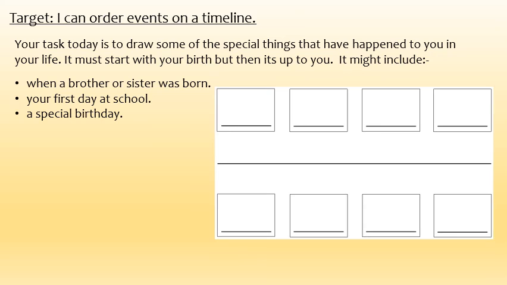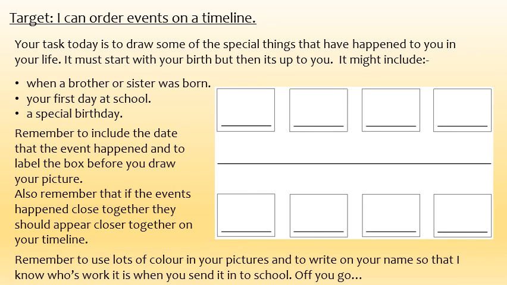I can order events on a timeline. Your task today is to draw some of the special things that have happened to you in your life. It must start with your birth, but then it's up to you. It might include when a brother or sister was born, your first day at school, or a special birthday.